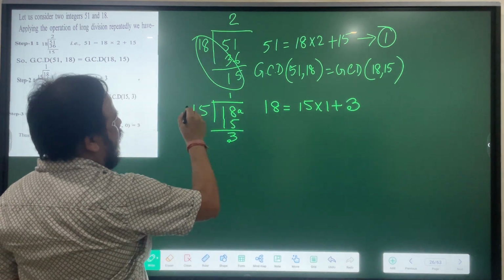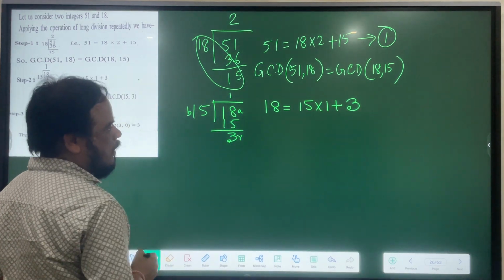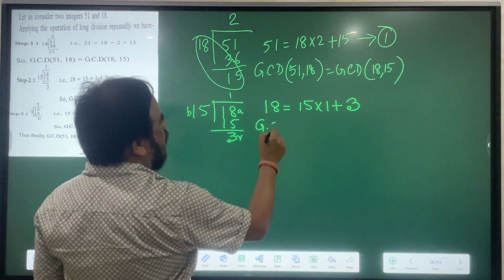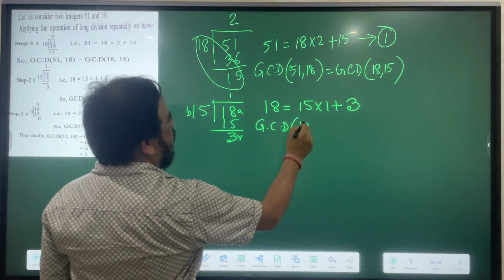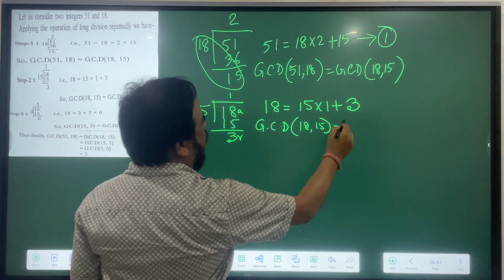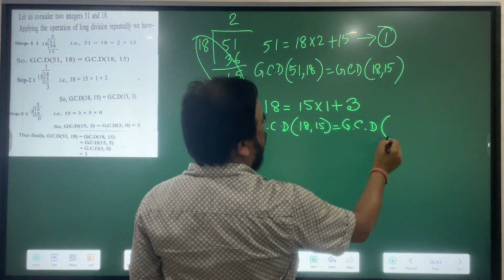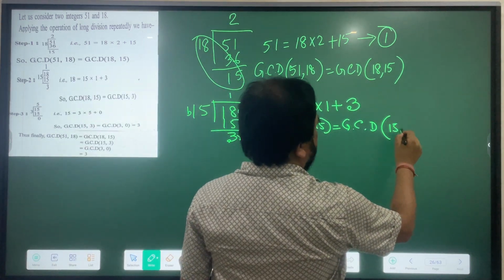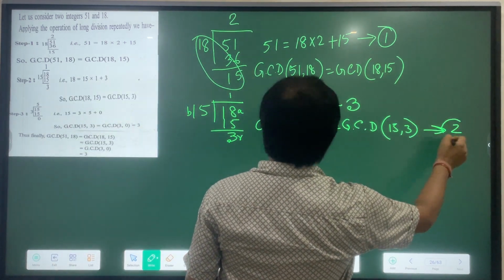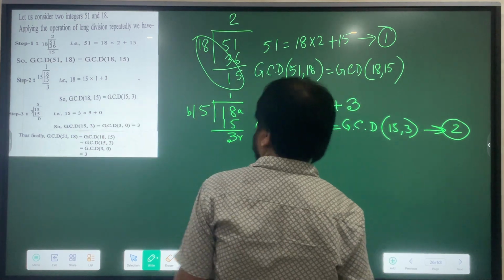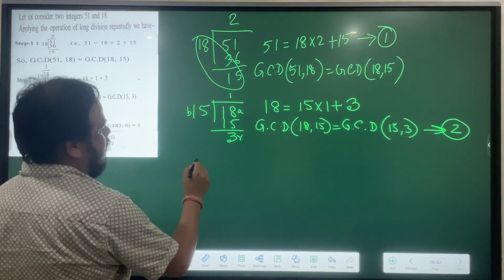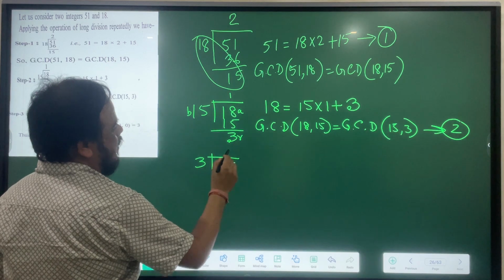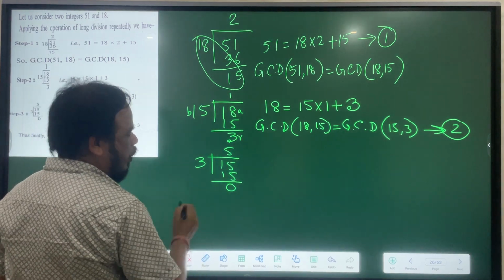So A, B, this is R. GCD of 18, 15 is equal to GCD of B, R, 15 and 3. This is second step. Third step. By 3 we will divide 15. 3 5 are 15, 0.